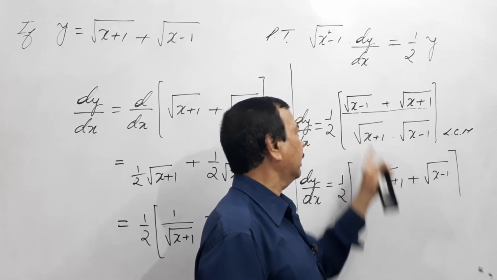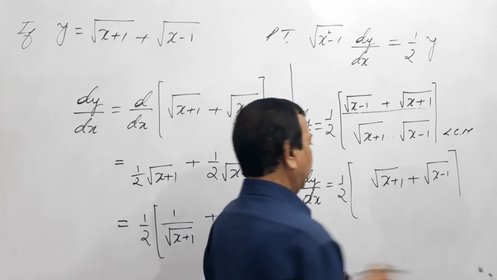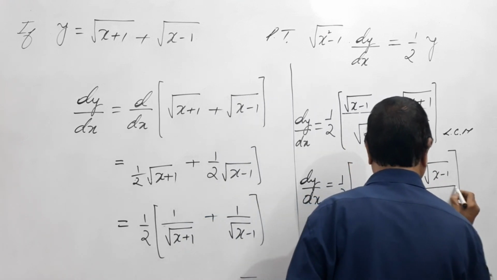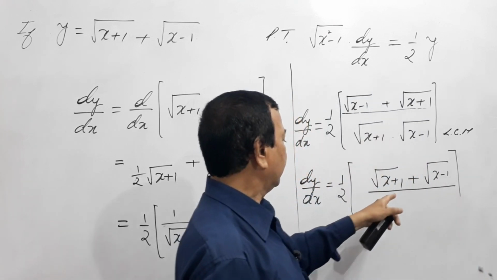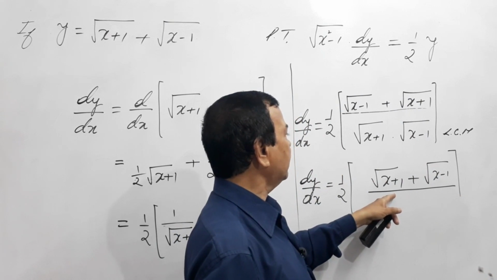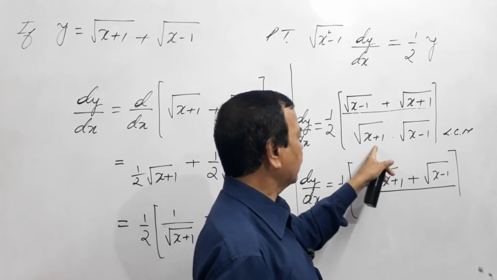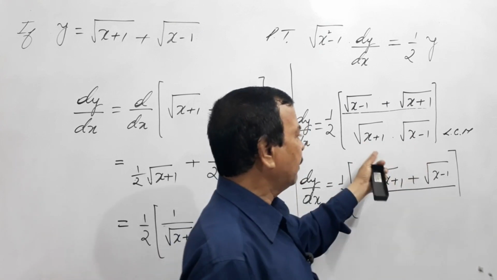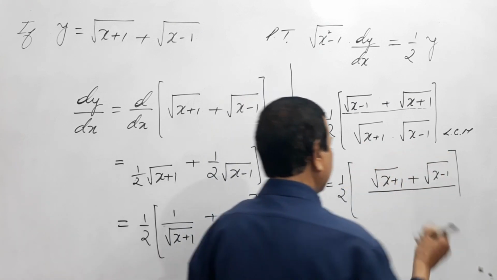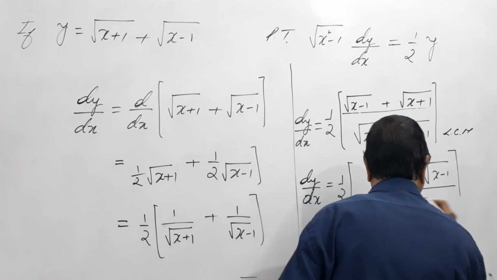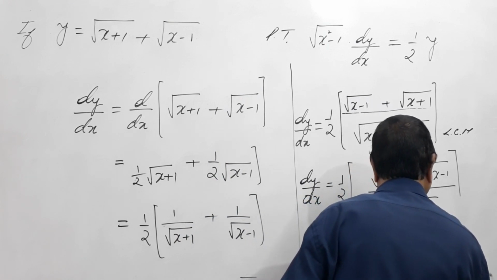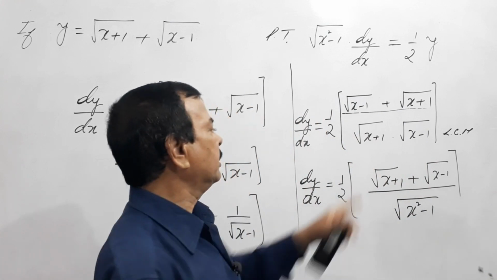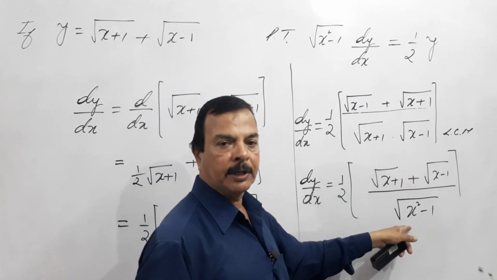First I have taken this value here and I have sent this value here. And if you multiply this, under the root x plus 1 into under the root x minus 1, that is a plus b into a minus b type, so this becomes under the root x square minus 1. So this reduces to x square minus 1.